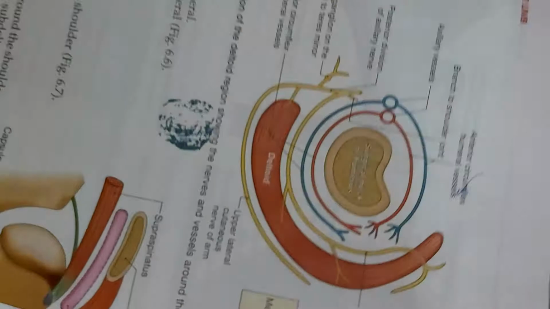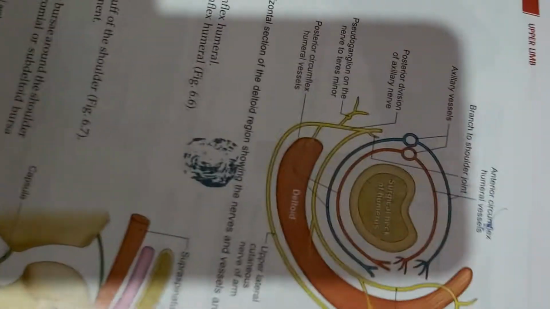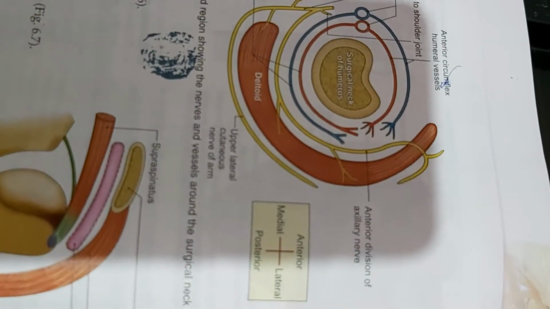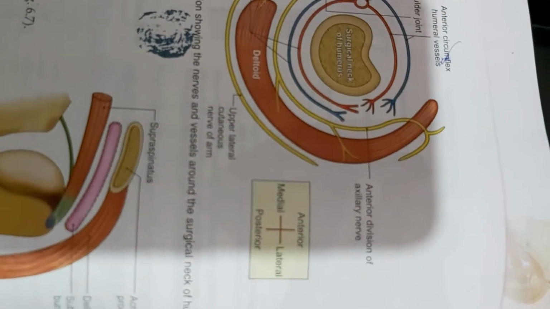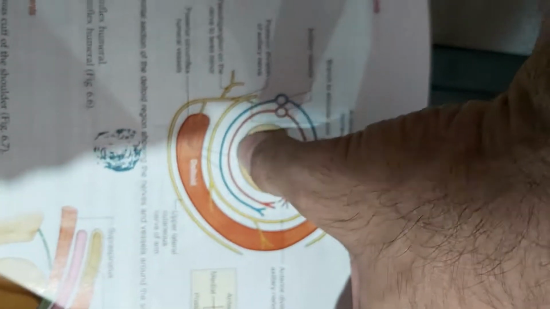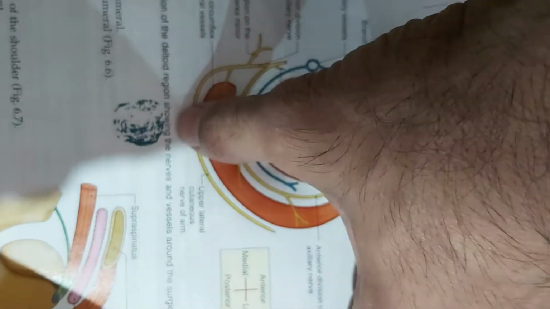Anterior division, you can see in this diagram. First you see the diagram, then I will explain it. Now see this diagram once again. This is the anterior division and this is the posterior division.